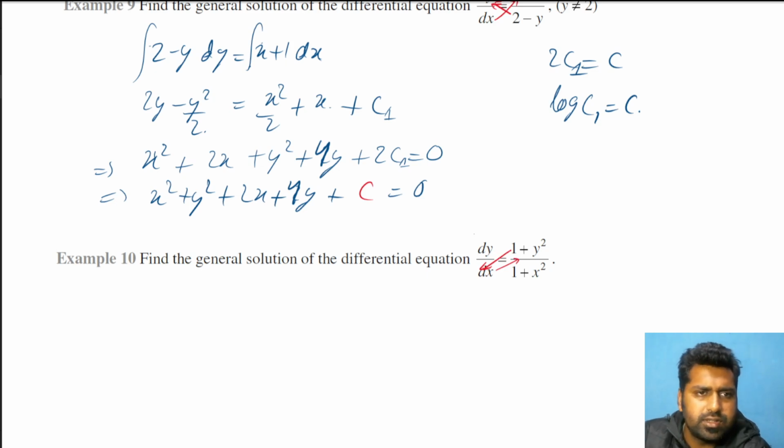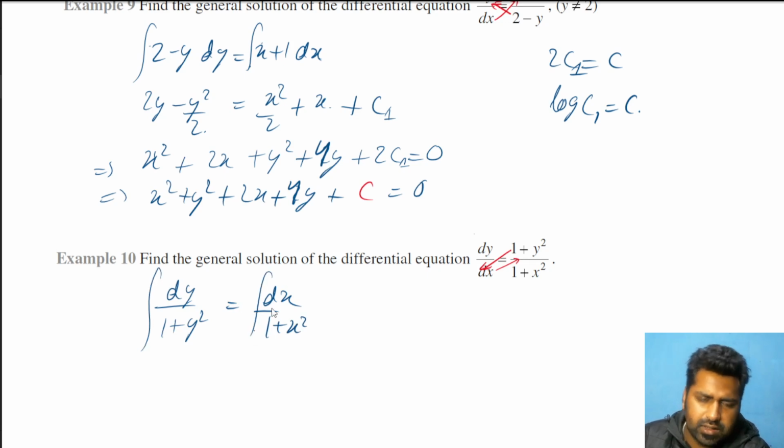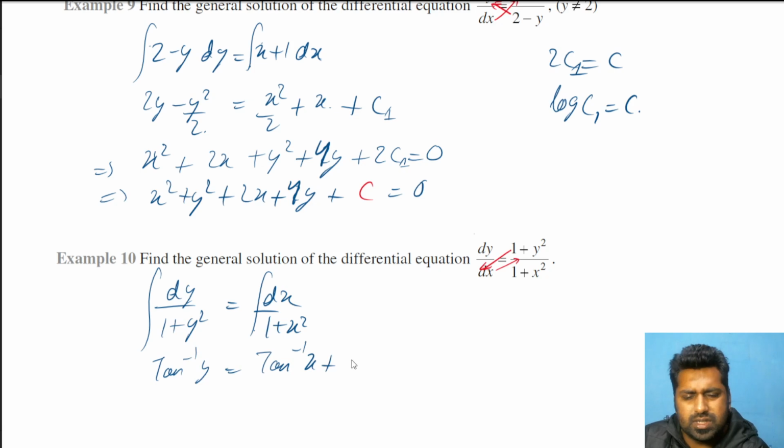Just interchange these two. So we get dy upon 1 plus y square is equal to dx upon 1 plus x square. Integrate both sides. What is this? Tan inverse y. What is this? Tan inverse x plus some constant, if you want, C.